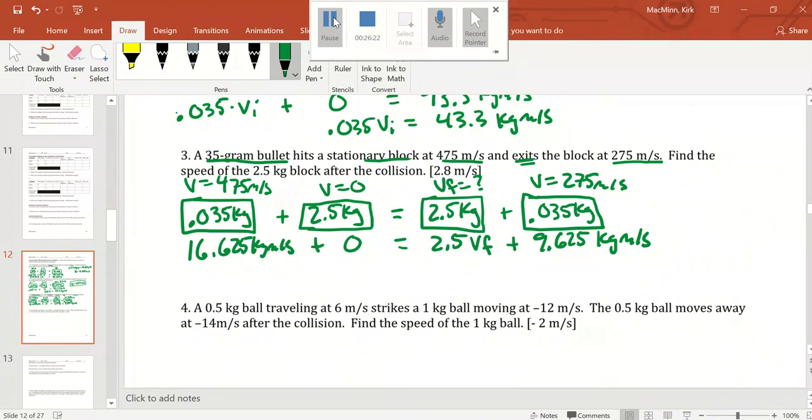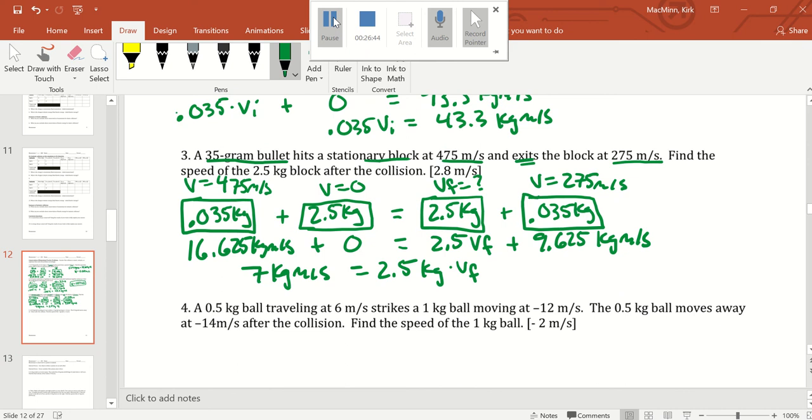So we have to subtract the 9.625 over, and we get 7 kilogram meters per second equals 2.5 kilograms times final velocity.